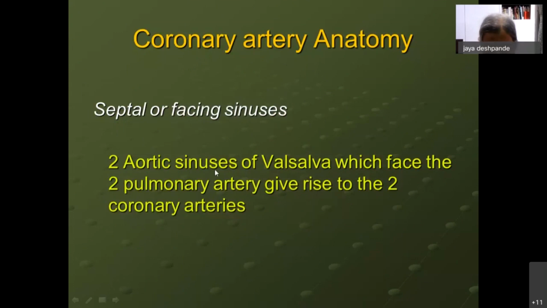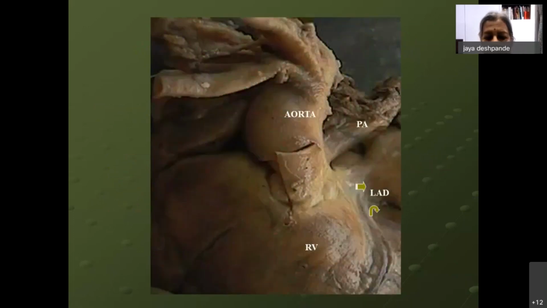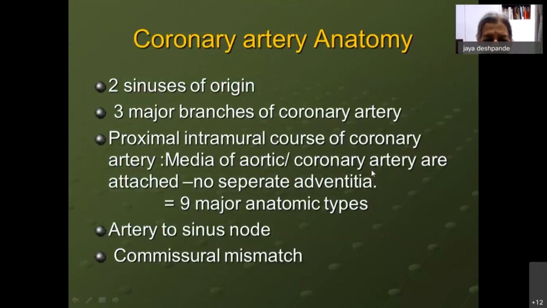These aortic sinuses are posterior, and it is from these that you have two coronary arteries arising. You have the aorta anterior, pulmonary artery posterior, and you have the left coronary artery with the LAD and the left circumflex coming out here. So you have two sinuses of origin and three major branches of coronary artery: right coronary artery, left circumflex and LAD.